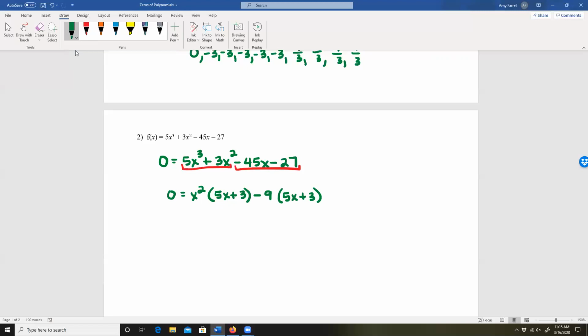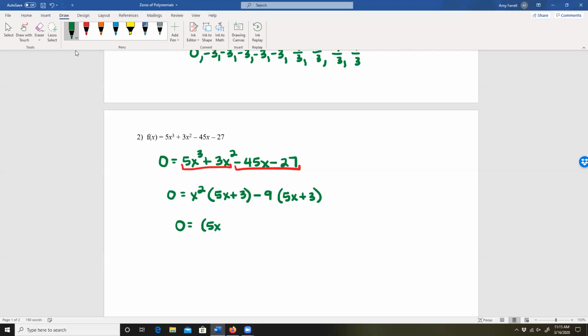And so in order to be left with 5x plus 3, I have to factor out a -9. So taking a -9 from a -45x would give me a positive 5x. Taking a -9 from a -27 is going to leave me with positive 3. These match, that's awesome. I need those two to match, otherwise factoring by grouping fails.